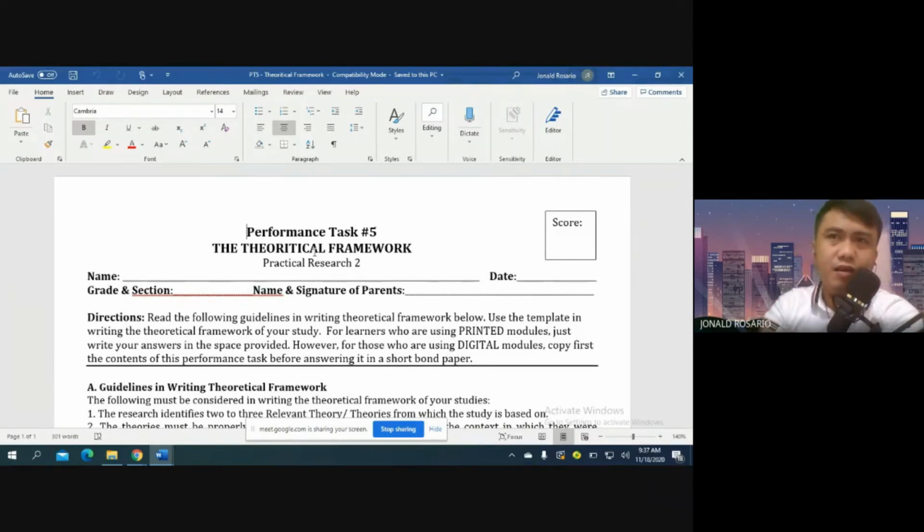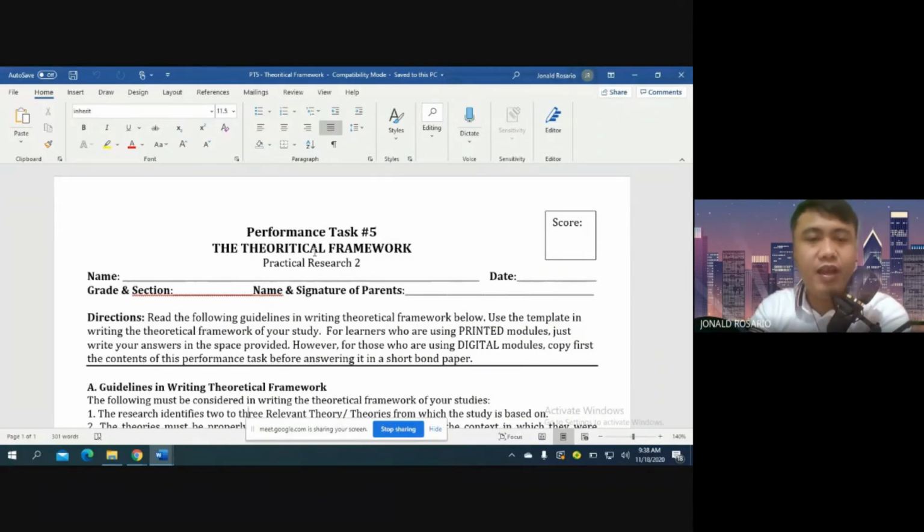Kasi kung hindi kayo makahanap ng relevant theory, ibig sabihin ng relevant theory, yung mga related theories na pwedeng maging framework or basis ng inyong study, kung isa lang, di wala tayong magagawa kung isa lang. Pero mas maganda, usually kasi ang ginagamit is 2 to 3. 2 to 3 theories na nilalagay dun sa theoretical framework.